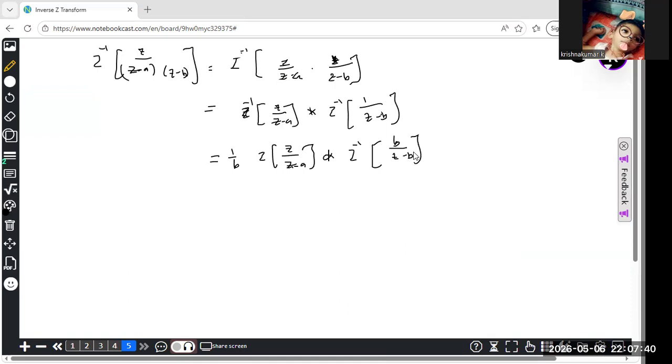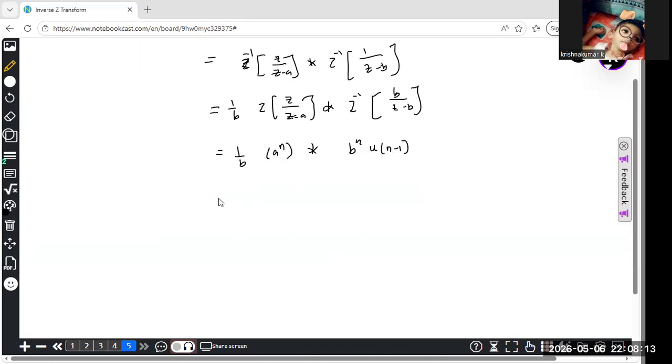Because if we cancel this b, you get the previous expression. Now 1 by b, the inverse z transform of this one is a power n, star, the inverse z transform of this one is b power n into u of n minus 1, because just now we have proved this result.